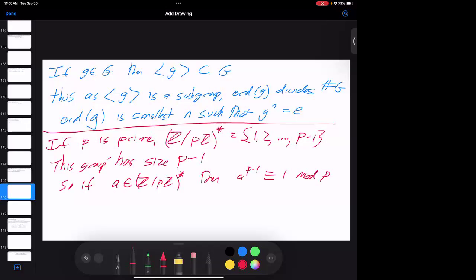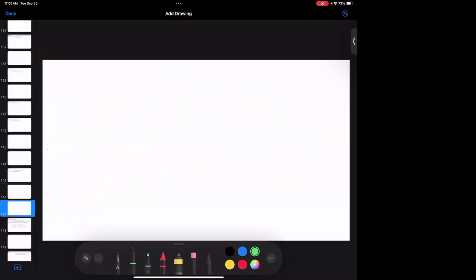More generally, if we look at Z mod nZ star, let me do this on a new page. So Z mod nZ star is the elements m from 1 to n relatively prime to n.